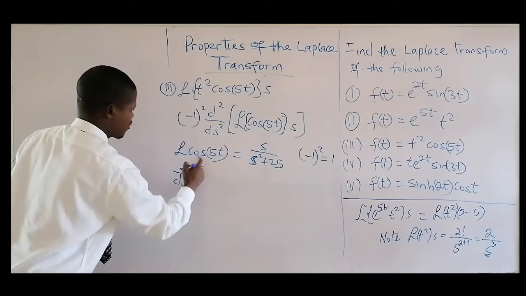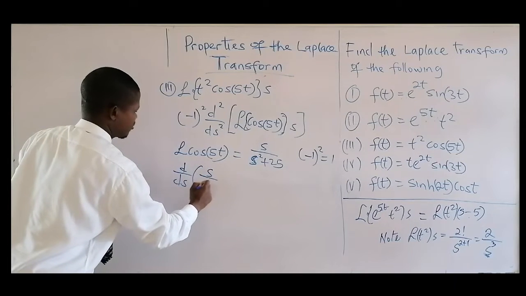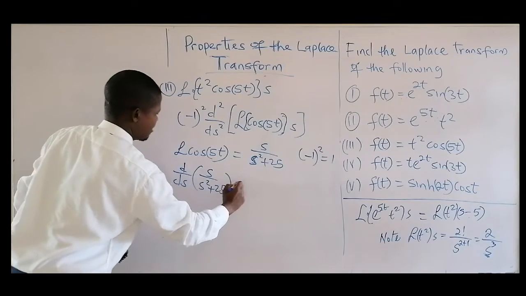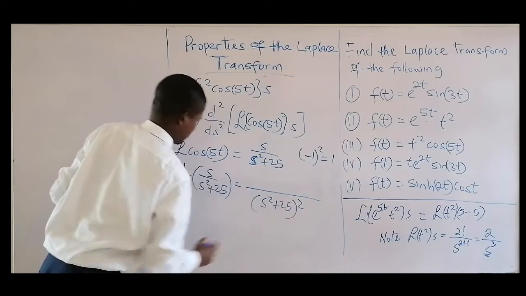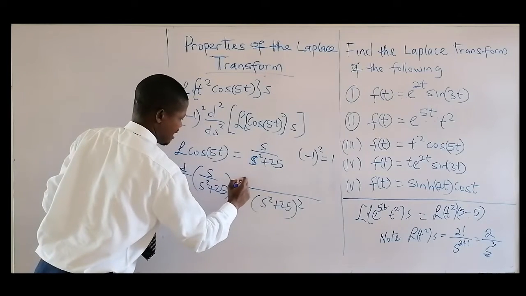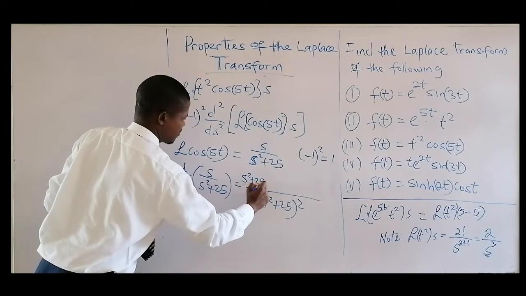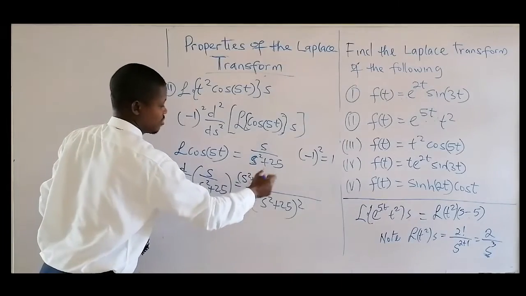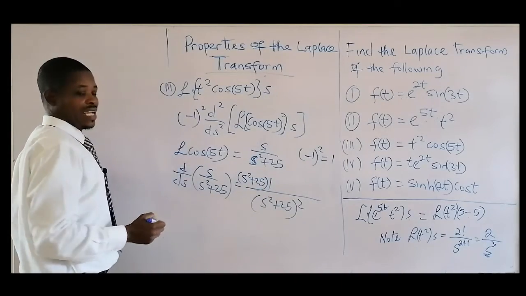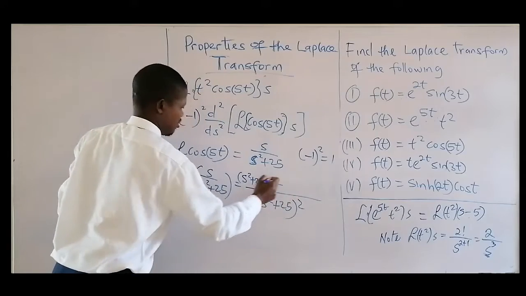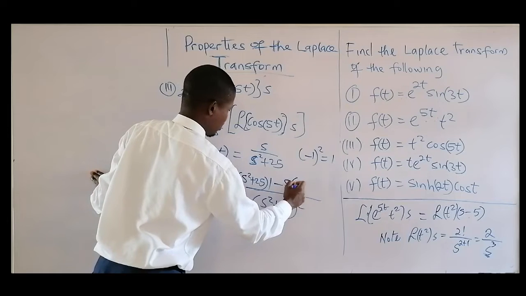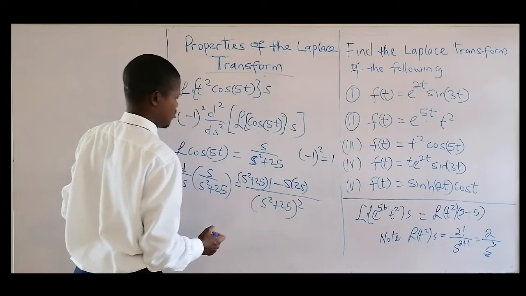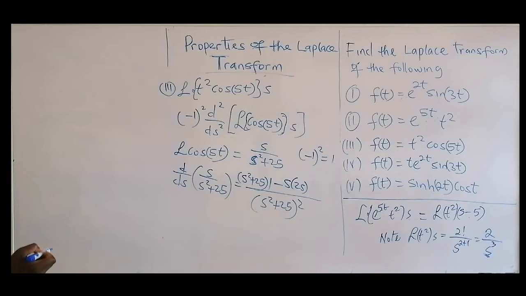First differential of the Laplace of cos 5t, which is s over s squared plus 25. And this will be equal to what? s squared plus 25, this is v squared. Then v, s squared plus 25, times the derivative of the numerator with respect to s, then minus the numerator times the derivative of this, which will be 2s.